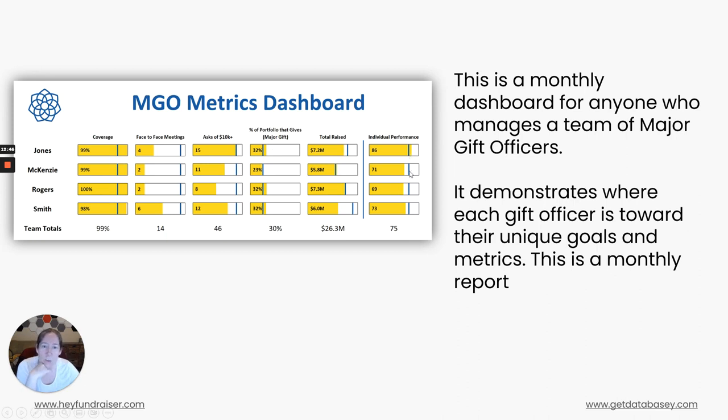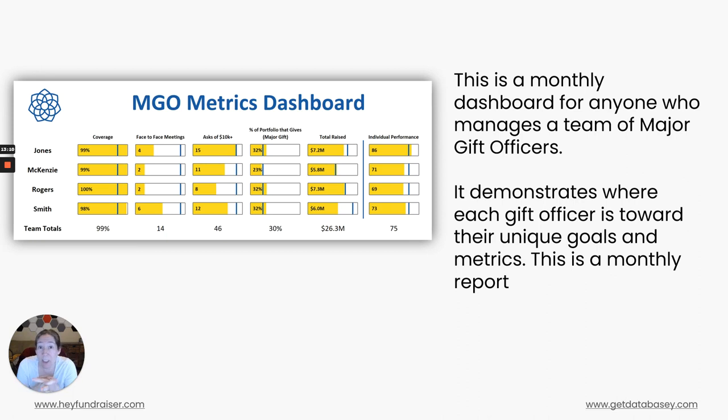And so this is just an easy way to see of the group, Jones is the only one that's actually trending ahead of their goal. And you can see with this report, different gift officers have different goals, it's just nice to see it in one beautiful dashboard. Now, this is something that you would just use to manage major gift departments.